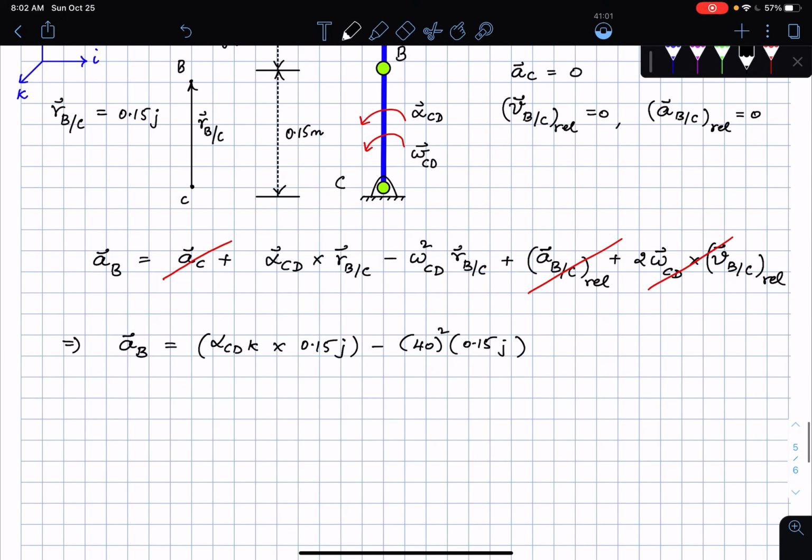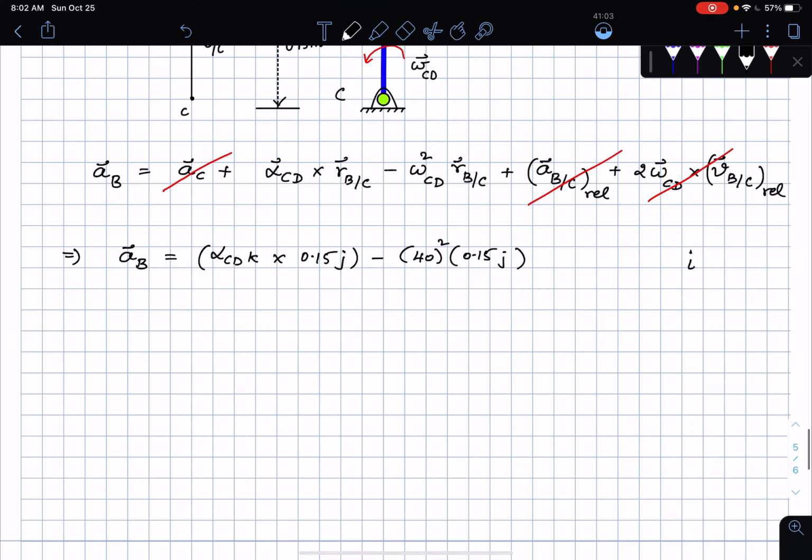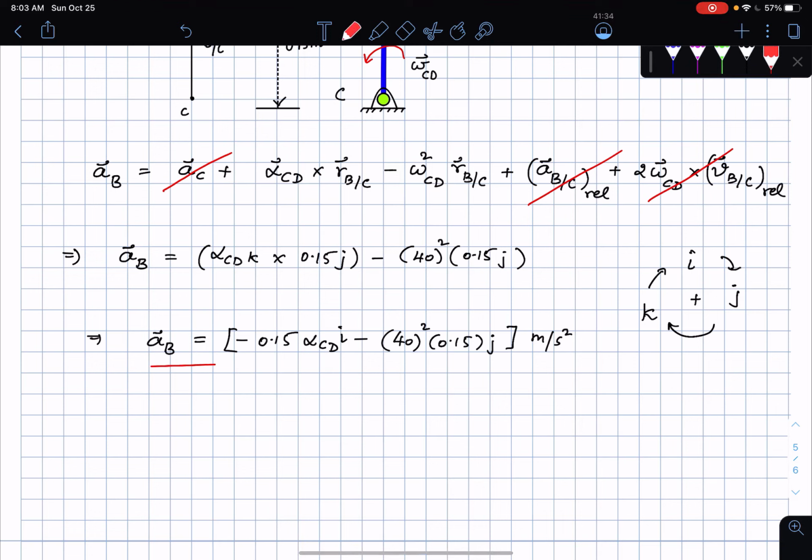K cross J, if you write the triad here, where this is I, this is J, this is K, is minus I. That tells me the acceleration of B is going to be minus 0.15 alpha CD I, minus 40 square times 0.15 J, in meters per second square. Let me put a line underneath this, because we're going to start collecting all of these things, and we're almost there.